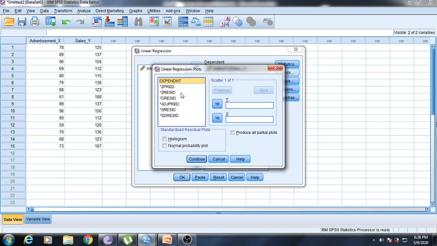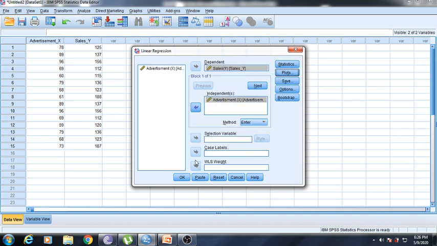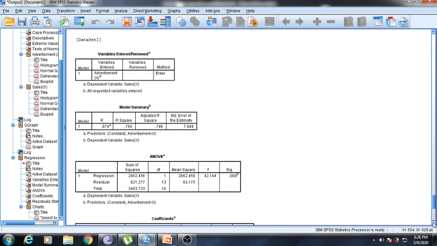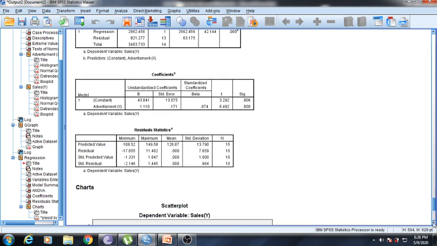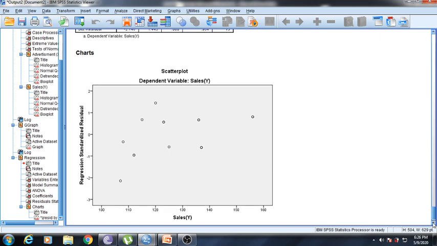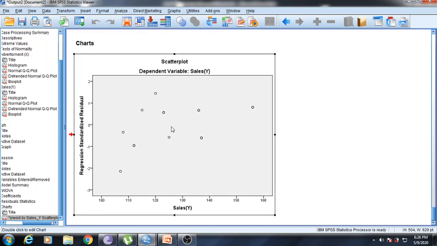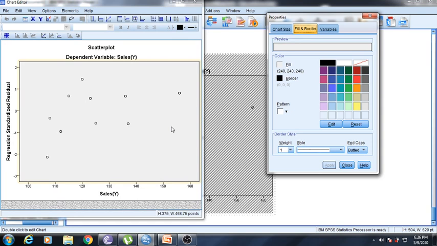In plots, we take Z residuals on the y-axis and the dependent on x. And then continue, and then OK. We will not look at the regression output because we are not doing regression. So directly we'll go to the chart here. You can see here, in this chart we will find out. We'll click here. Okay.